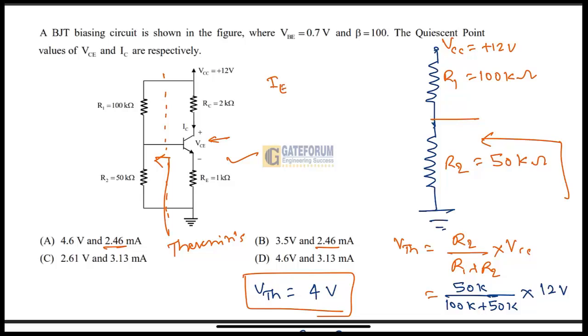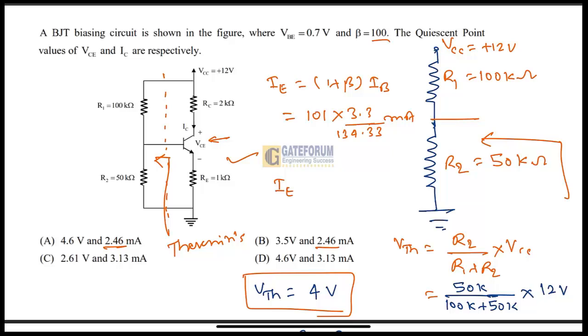So we will get IE equal to (1 plus beta) times IB. So this will become 1 plus beta, beta is 100, so it will become 101 into IB, which is 3.3 divided by 134.33, and the order will be milliampere.